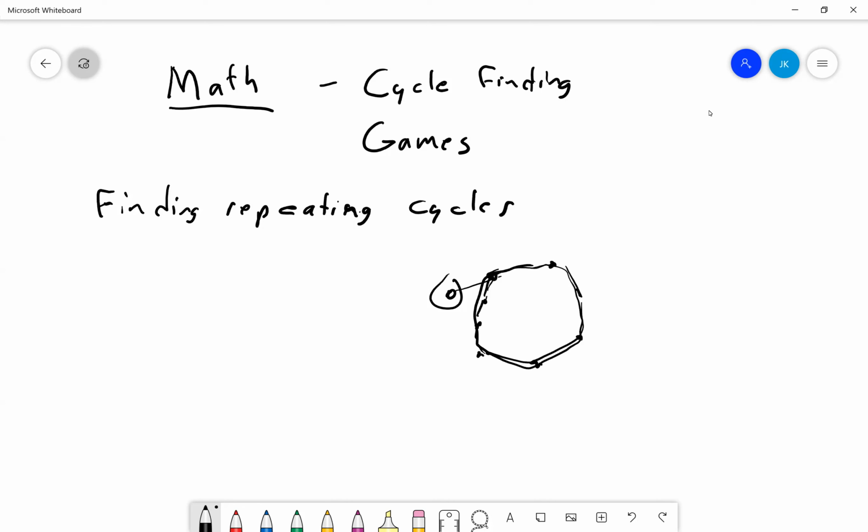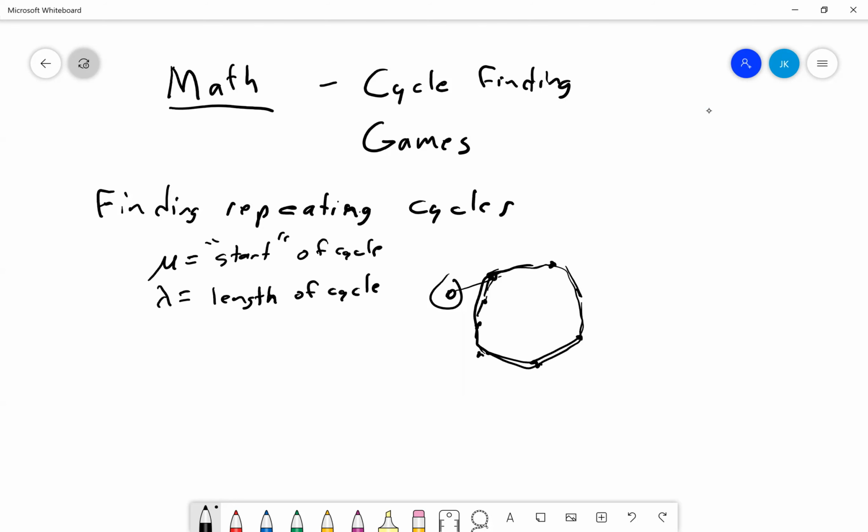And so there are two things that you often want to know, and they're usually referred to as mu and lambda. So mu is going to be your starting, I guess you would say, the start of a cycle. And lambda is going to be the length of a cycle. In other words, how long does it take until the cycle repeats?